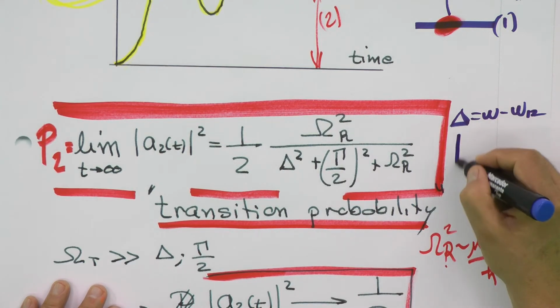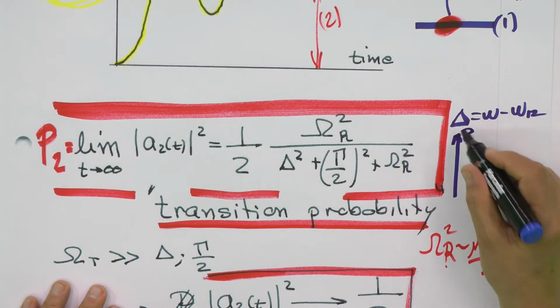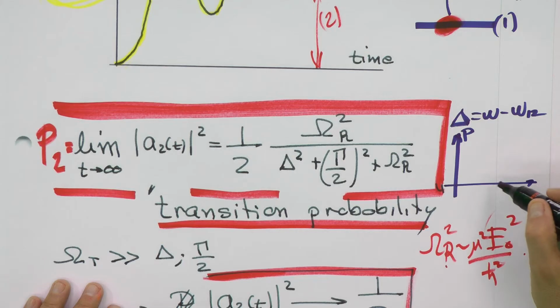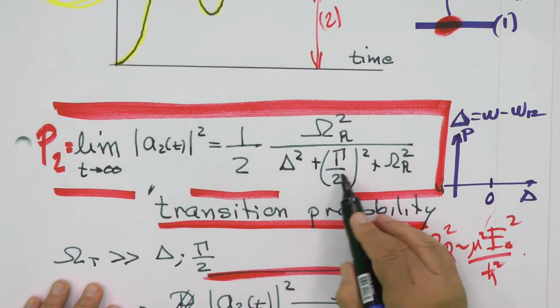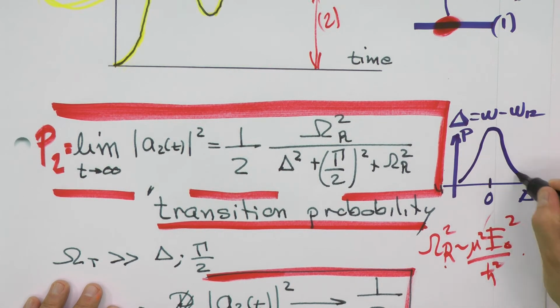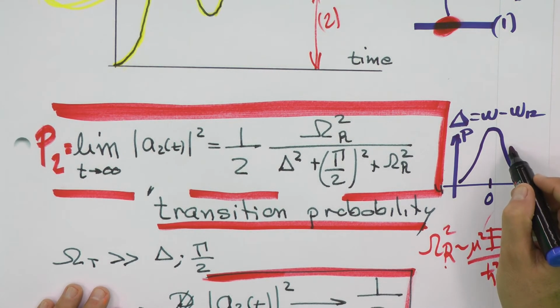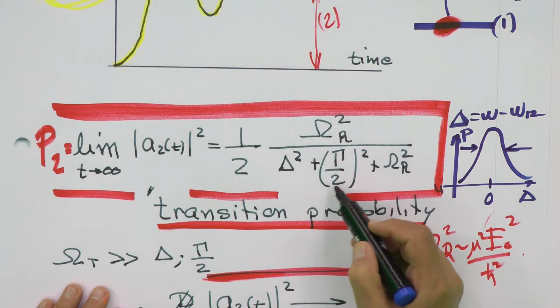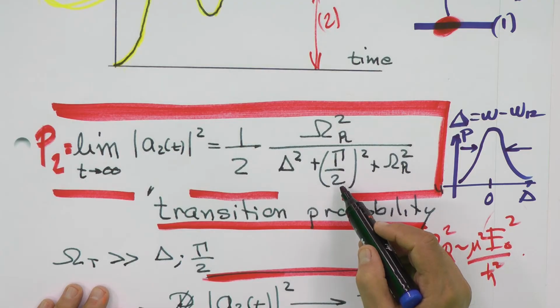If I make a plot of the probability of transition as a function of delta, let's say that delta equals 0 is here. I'm going to find a delta where the probability is maximum and then decays. This is a line width. And this line width depends on the existence of the dissipation.